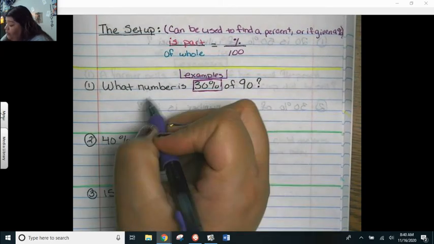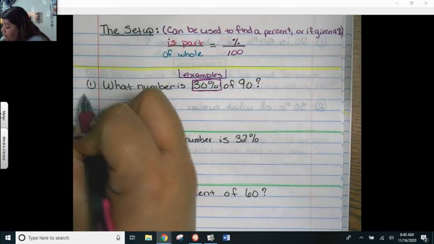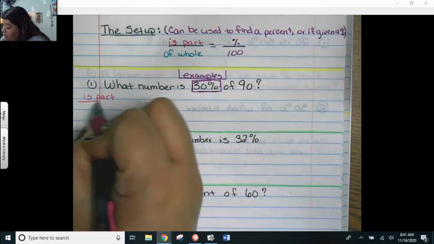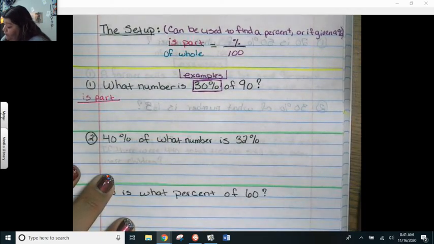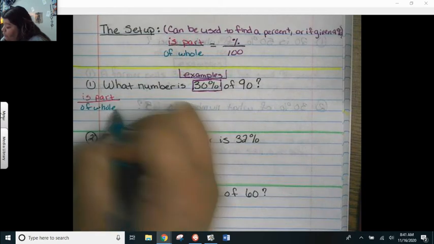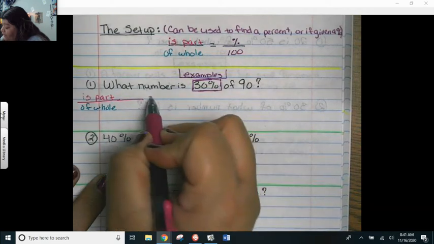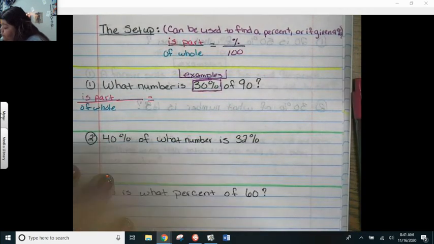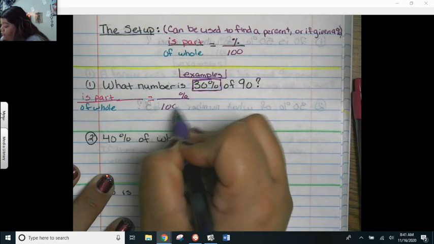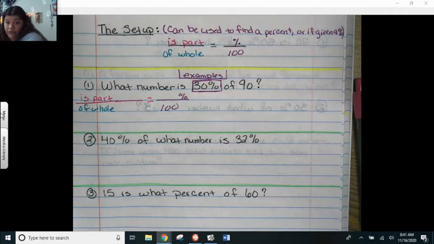When I write the proportion, I'm going to put here "is" over "of", part over whole. And that is equal to whatever percent over 100. So "is" part, "of" whole, percentage over 100.